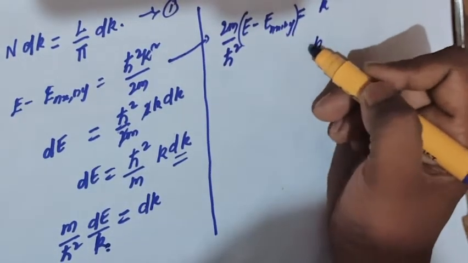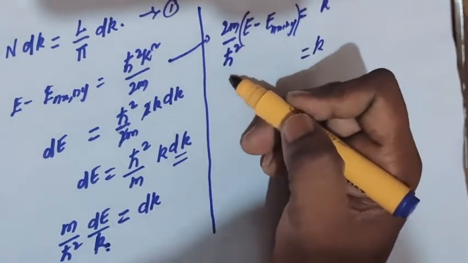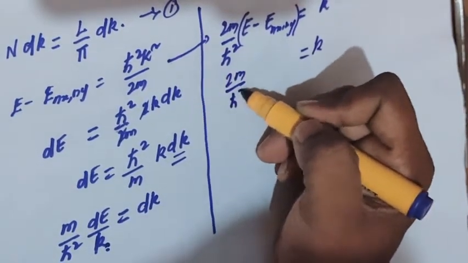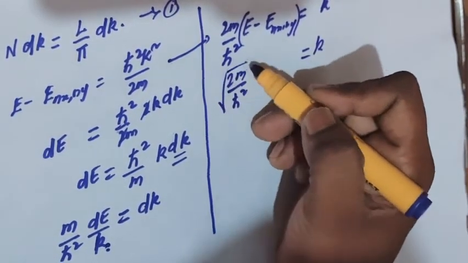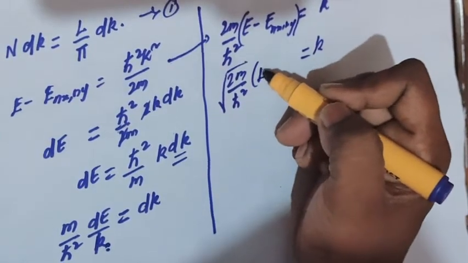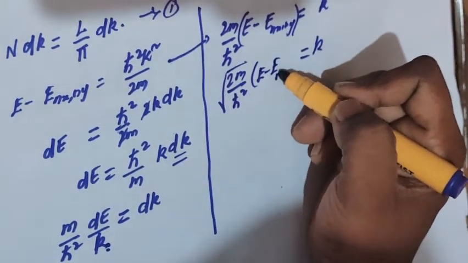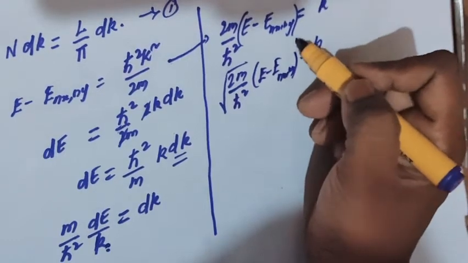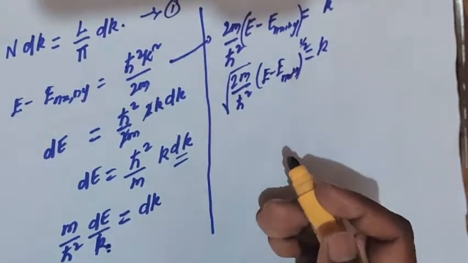If you want k only, take the square root on both sides: k equals the square root of 2m divided by ħ² times (E minus E(nx,ny)) to the power of half.